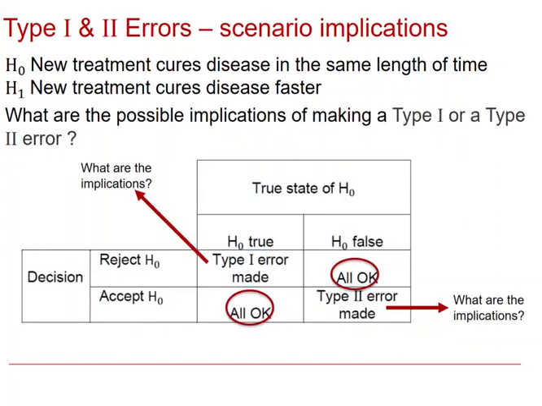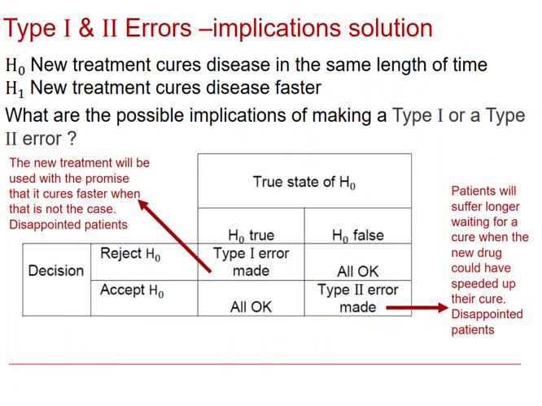And it's worth pausing again and just thinking of the implications of making a type 1 or a type 2 error. So with a type 1 error, we'd reject a true null hypothesis. We'd bring in the new treatment thinking it's going to be faster. Everybody would believe that's going to be the case, but in fact it's not going to cure the skin disease any faster than the original treatment.